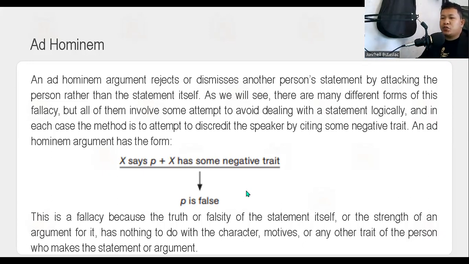So we go back to square one, left with no evidence one way or the other. In other contexts, where there is no issue of relying on authorities, the use of discrediting evidence about the person is always fallacious. If someone offers an argument for his position, then his character and motives do not matter. We have to evaluate the argument on its merits.